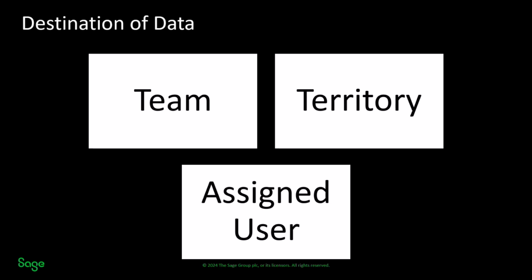If you don't specify it either here in the upload process or in the data itself as a matched column, then the data is going to be uploaded into the home territory of the user performing the data upload.